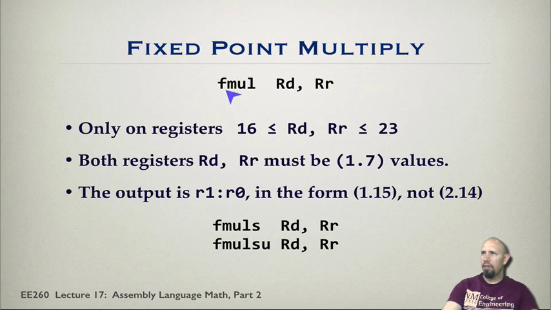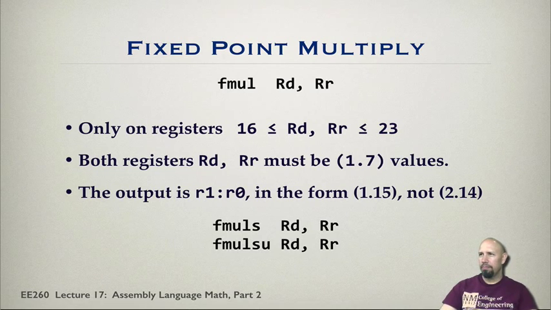So fixed point multiplication. I have a destination register and a source register. Actually, this is not the destination register, but anyway, that's how it's defined here. These two registers cannot just be any registers, and they can't even be just high registers, 16 to 31. They actually have to be 16 to 23. So we're definitely limited as to what we can use for registers here.